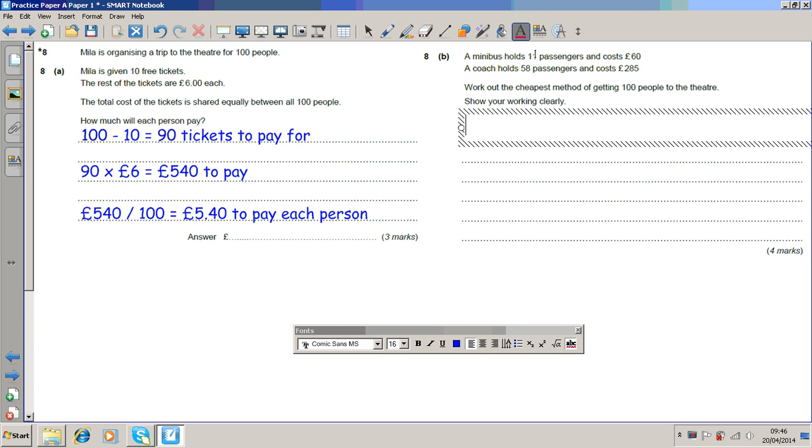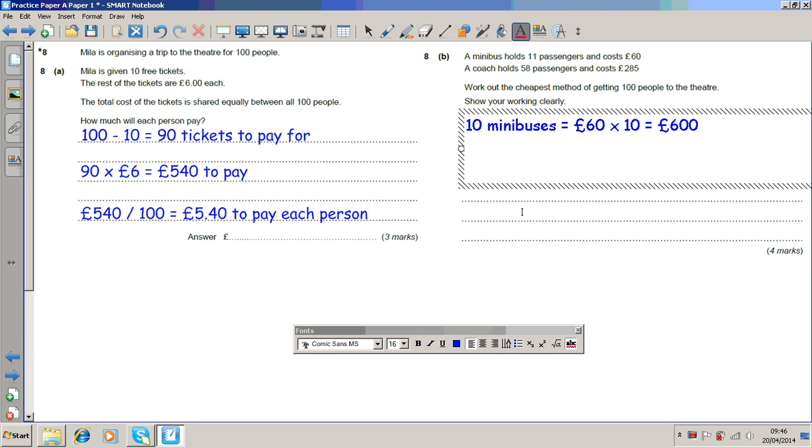Well, 9 minibuses would be 99, so we'd need 10 minibuses equals 60 times 10, which is £600 to get them there. We could get 2 coaches, which would be 2 times £285, which is £570. So far that's the cheapest that we've got.